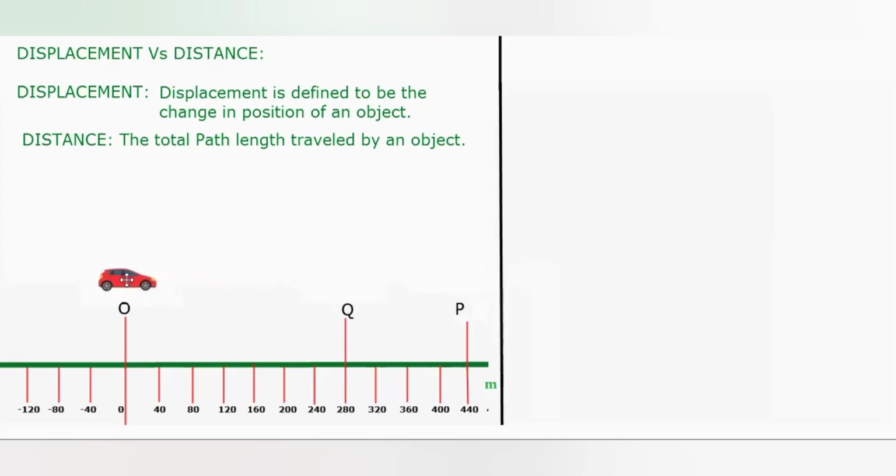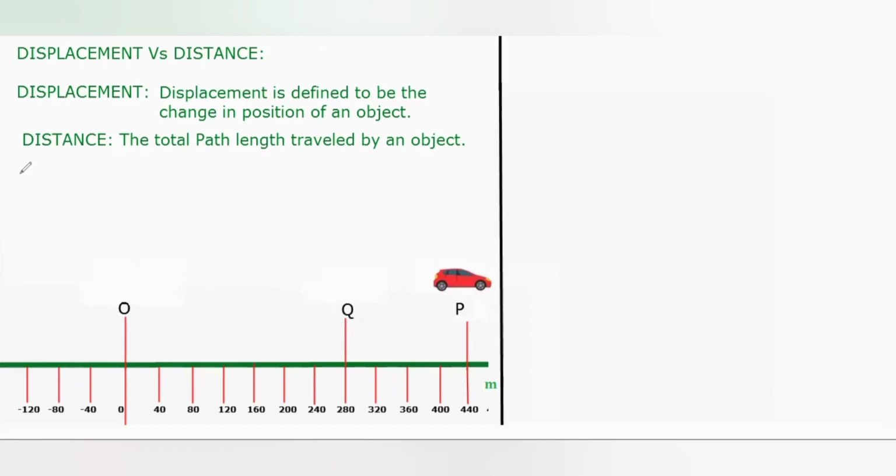Initially, the object is at origin. Then it is going to travel in positive x direction, as mentioned in the graph, to P. This is the case 1. Okay, I'm going to mention here the case 1.